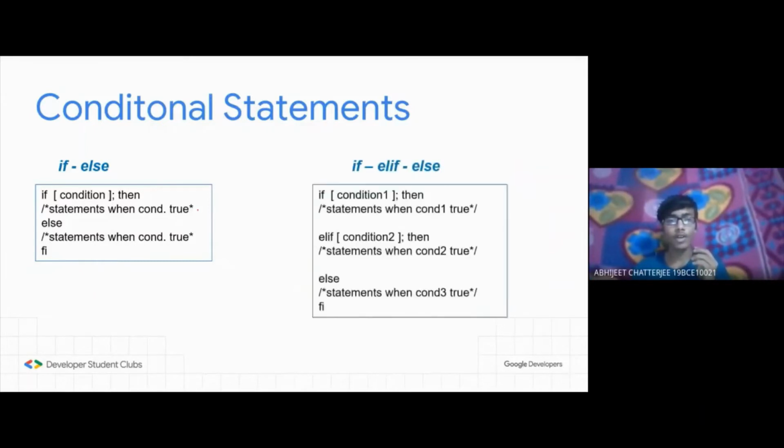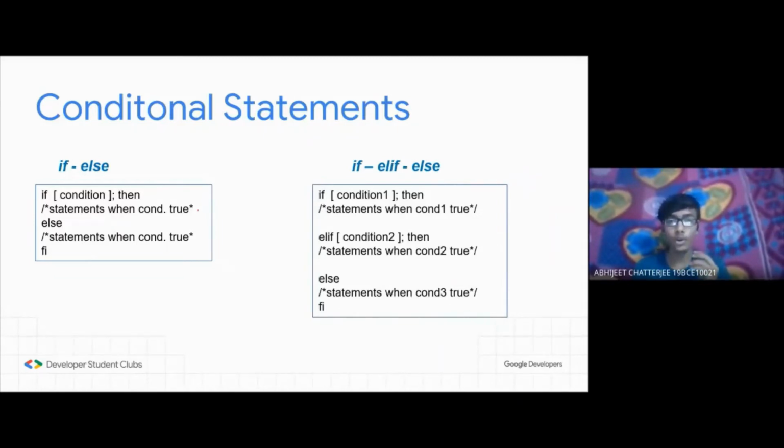Then the condition is followed by a semicolon, and then there is a then keyword, after which we have the statements which are executed when the condition is true. Then we have else, and then the statements for when the condition is false, and then there is fi. Now what is fi? The then and fi are like the opening and closing braces for the if condition in bash.